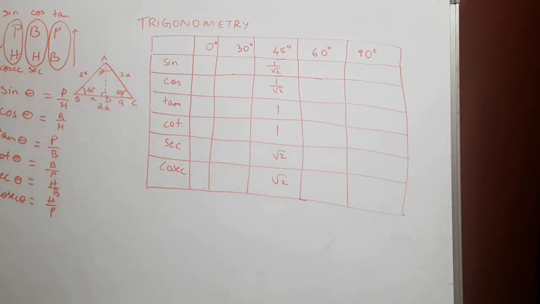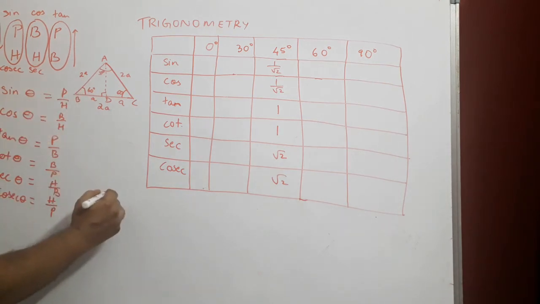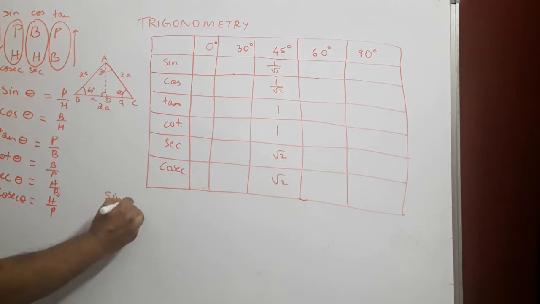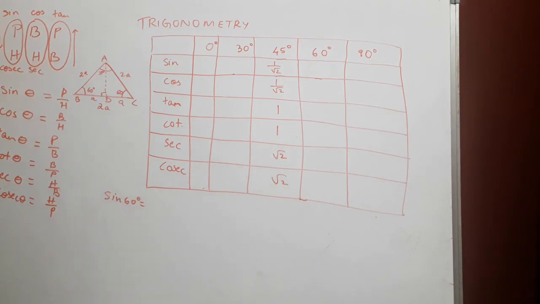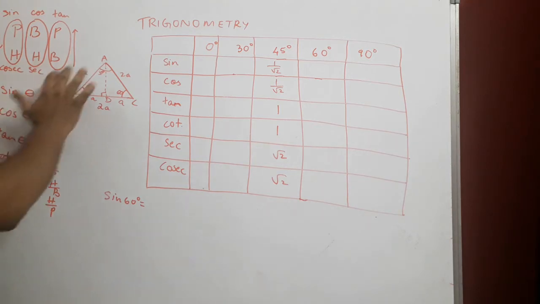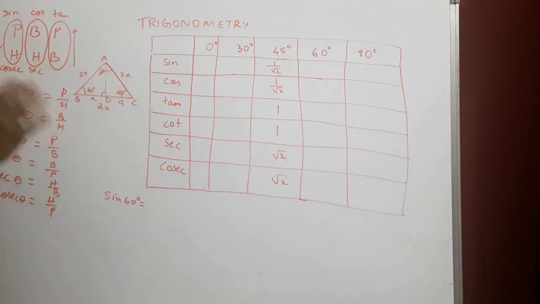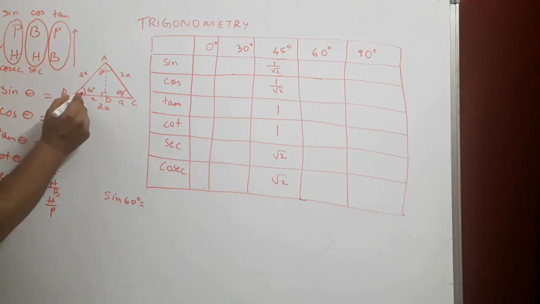So now we'll start with 60 degrees first. We need to find out the sine of 60 degrees. Before we start, we'll first fix our perpendicular, base and hypotenuse. So sine 60 degrees is here.